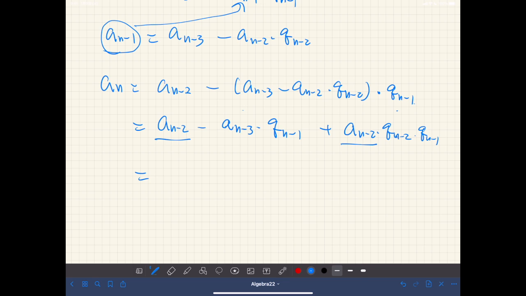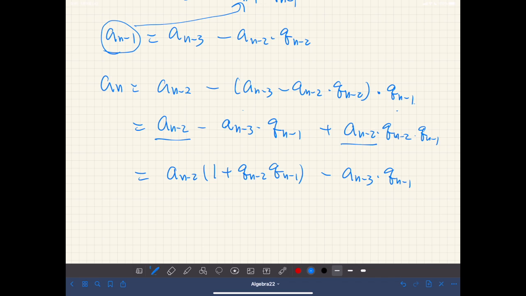So factorizing this, we have An-2 times (1 plus qn-2 qn-1) minus An-3 times qn-1. So here we just got rid of An-1 from the equation.